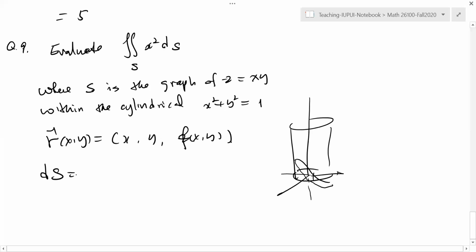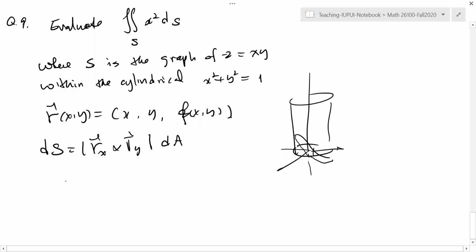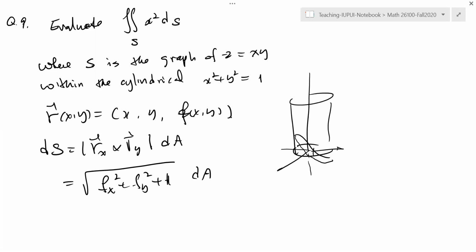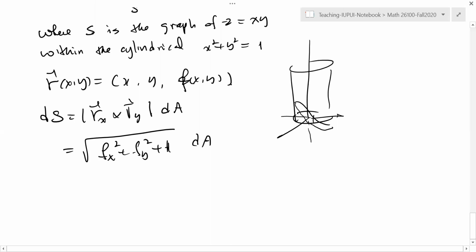Then dS is going to be the square root of the partial derivative of f with respect to x squared plus f_y squared plus 1, dA. We already know that from the book.